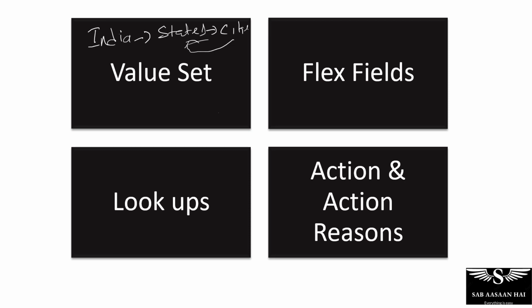I don't want them to choose any other city. So if I create this list of values or value set which is dependent on this particular list, then it will be under my control. So there are different use cases where we need to create the value set.